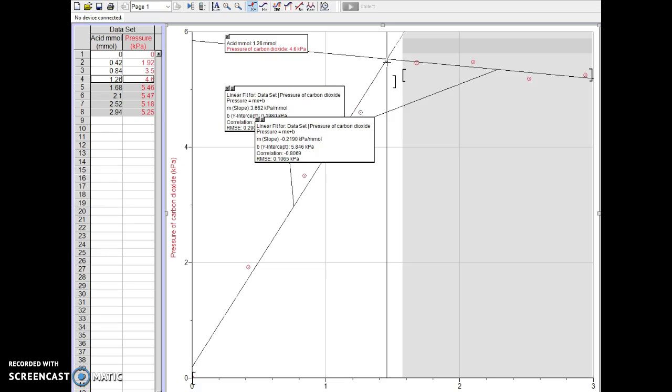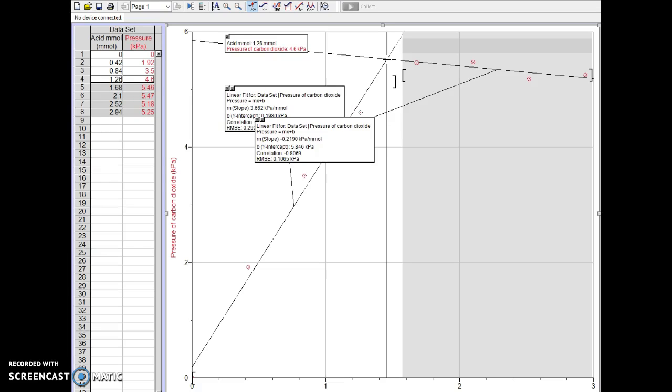I'll just remind you that we had 1.5 millimoles of the sodium hydrogen carbonate in the flask each time we ran this. And I suspect that when you do your numbers, you will have numbers maybe down here, could be up here, where those two lines intersect.